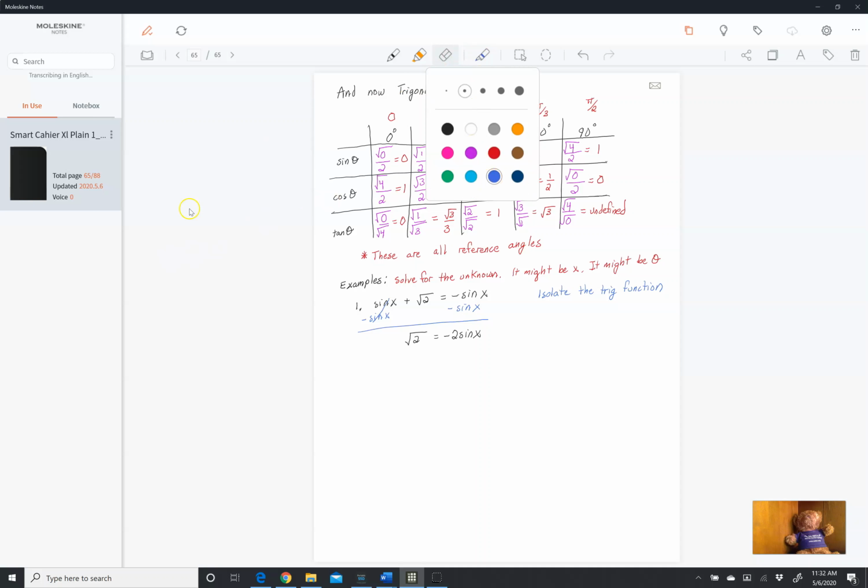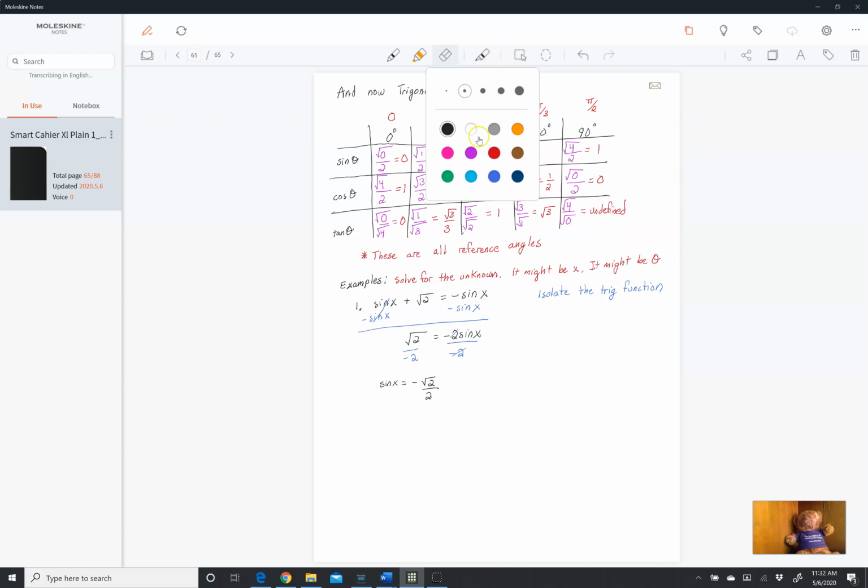So now we divide both sides by negative 2. Okay, the negative 2 will cancel here. And what are we left with? We are left with sine of x is equal to negative square root of 2 over 2. Okay, we've isolated the trig function.